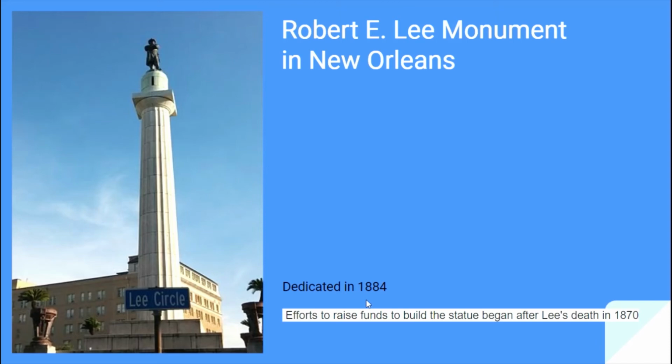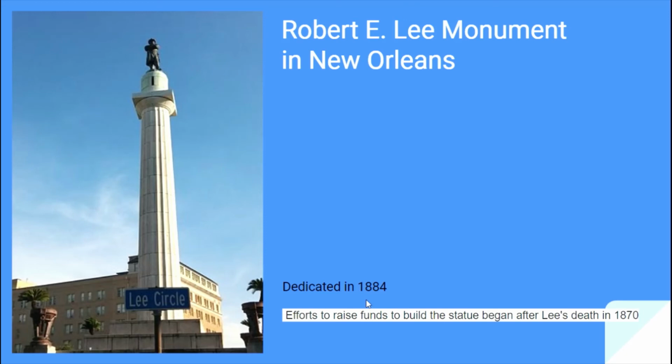Now, you might be asking yourself, why 1884? Well, remember that the Civil War ended in 1865. Robert E. Lee died a few years later in 1870. So, soon after he died, many people wanted to honor him, and so they began raising money.